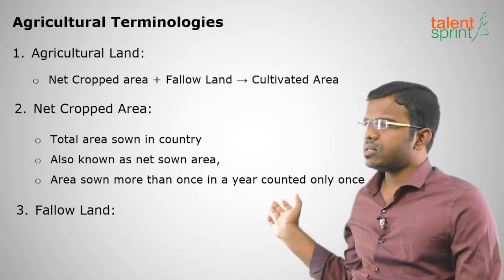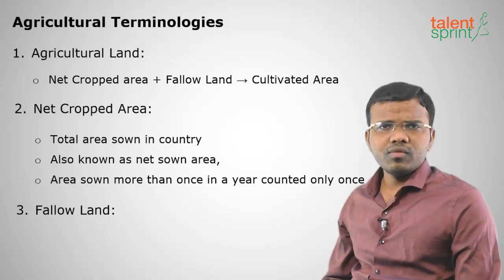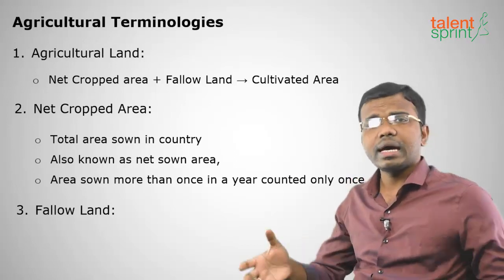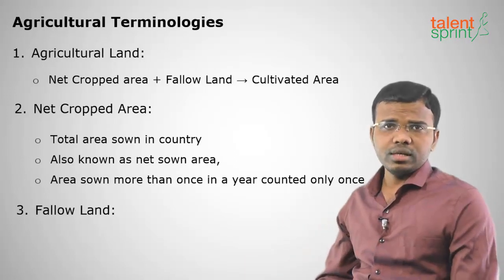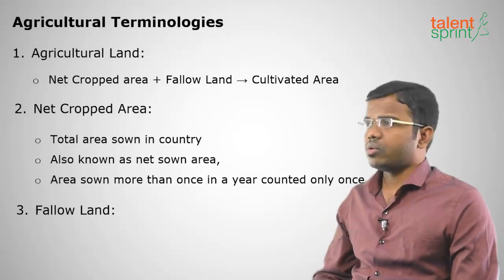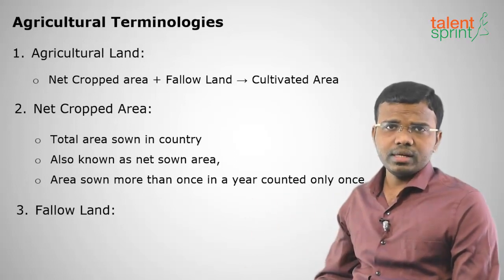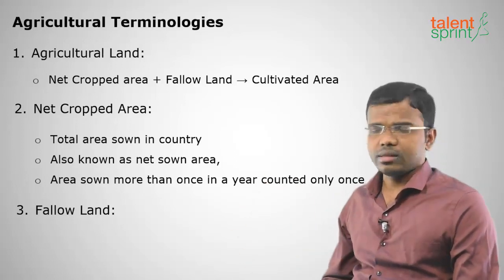And the next is fallow land. What do you mean by fallow? Fallow means the land is left uncultivated so that it will restore its own fertility. So net cropped area plus fallow land is equal to net cultivated area or agricultural land.